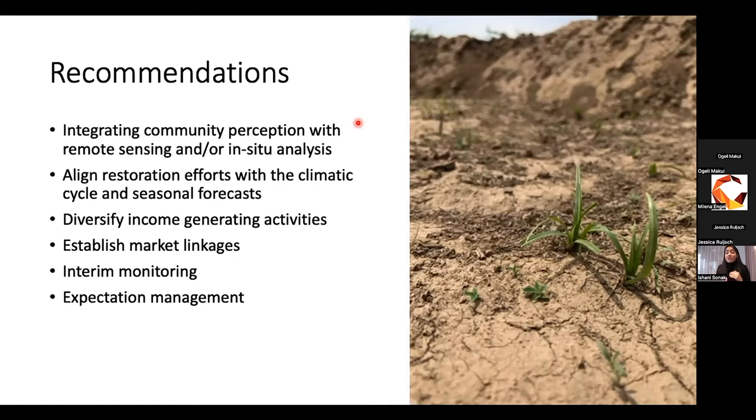So managing those expectations of why it did not, or what happened, or what is going on, when can you expect an increase in grasses or water availability, is something that can be done during these interim monitoring processes, so as to ensure that the hope and the motivation that the local community has from the project goes on. Because in the end, as was mentioned to me by a community elder, they are the guardians of the land and they are the ones who are going to be living on it.